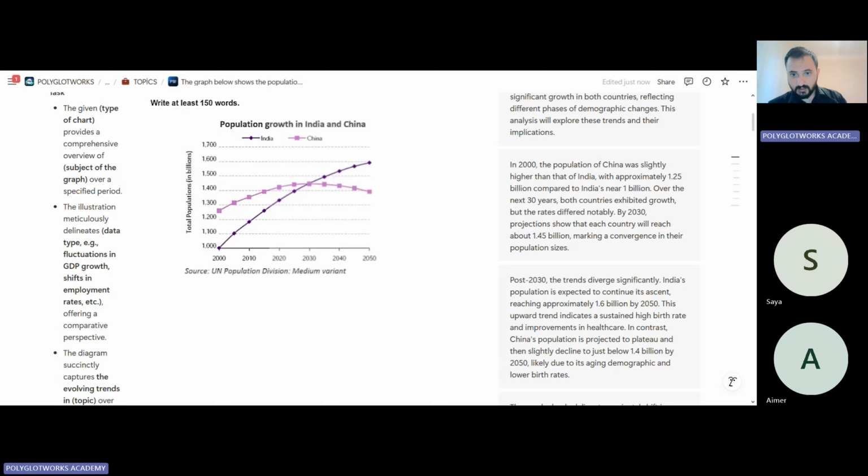And then you can easily understand why I'm focusing on the organization and the logic more than the others, because it helps you to reach band 9 without using advanced vocabulary.